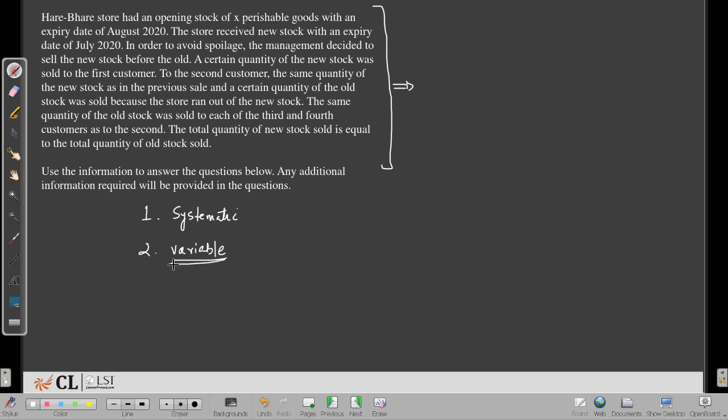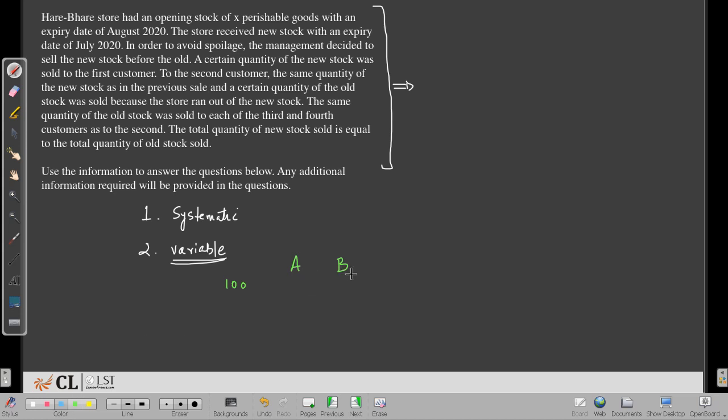When I say be careful about the use of variables, we don't want to unnecessarily write more and more variables. We will only write those variables that are needed to solve the answer, and we want to reduce the number of variables. What do I mean by unnecessary variables? Let's say there are two people A and B, and there are 100 items, and A receives a certain quantity and B receives the remaining.